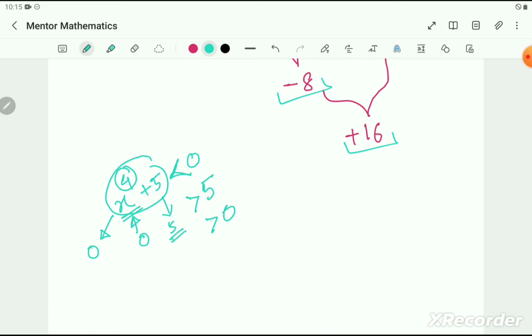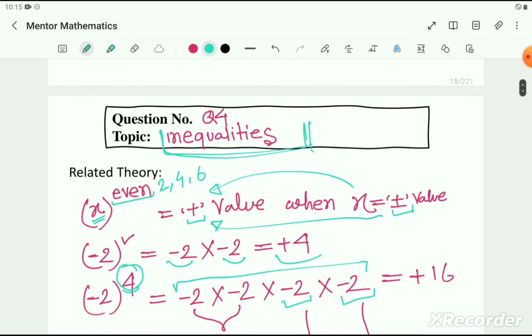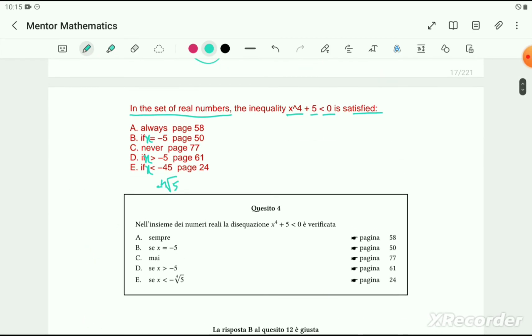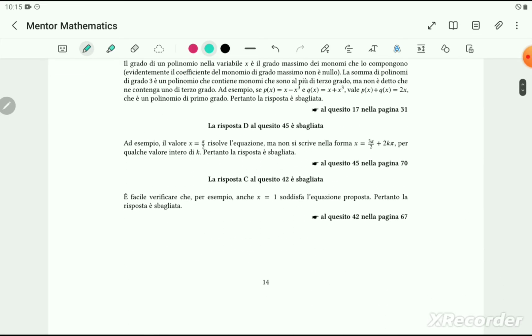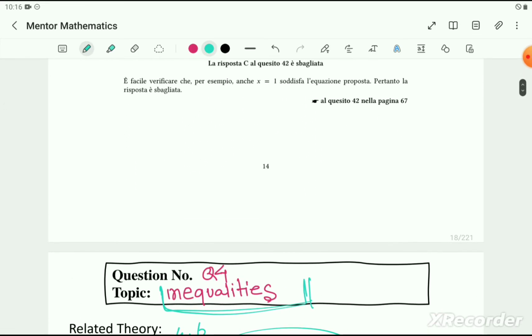So overall it's greater than 0 or greater than 5, whatever you say, but it cannot be negative or less than 0. So our answer is never. Answer is C. In Italian it is mai. Mai means never. Okay, let's go to our next problem.